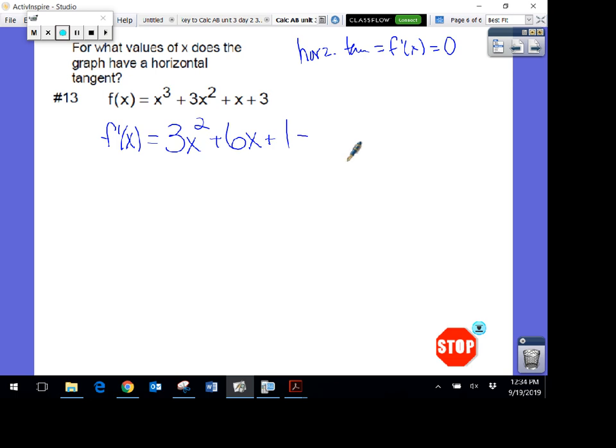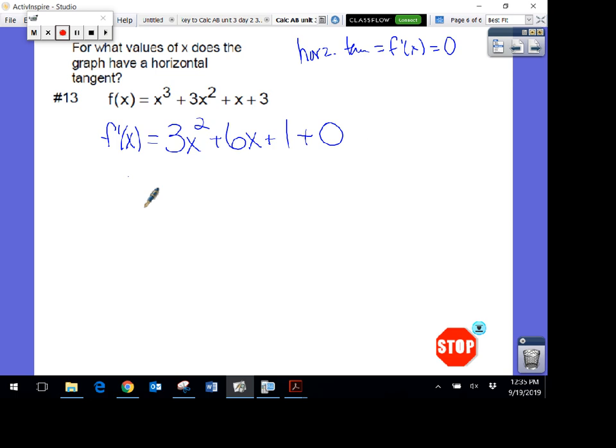What's the derivative of a constant? 0. The derivative always lowers that degree by 1. There wasn't even a variable there, so we can't use the power rule for that one.